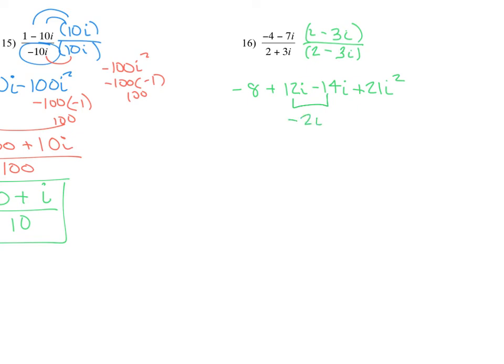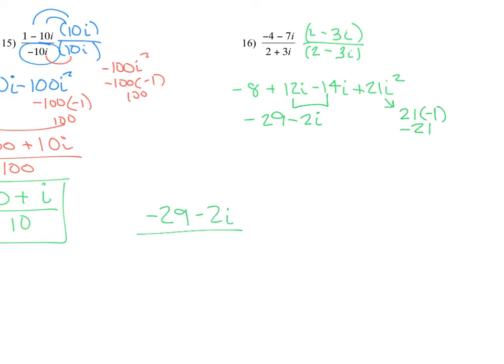I get -2i. I still have my -8 over here, but this 21 is 21 times -1. So we're going to get a -21. We're going to combine that with that -8 to get -29 minus 2i. So that's going to be the numerator of my fraction.